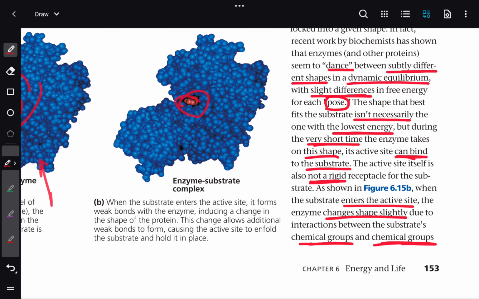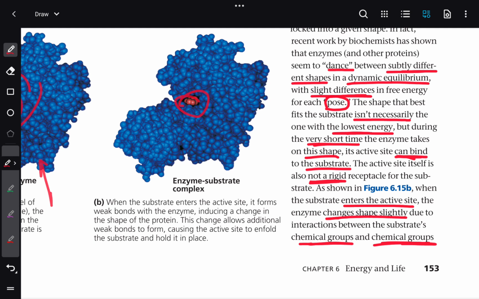It affects the shape of the active site, so that the chemical groups of the substrate will have more affinity to certain groups of the active site, and the best fit will happen, which is called an induced fit. Once the fit happens, they combine, and the enzyme does its thing.